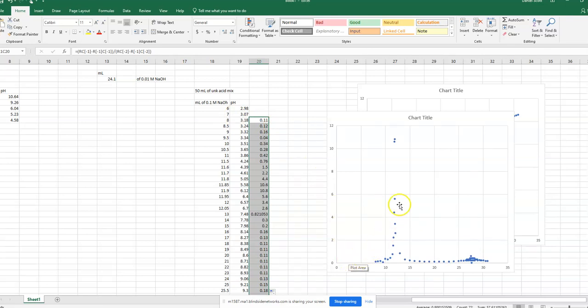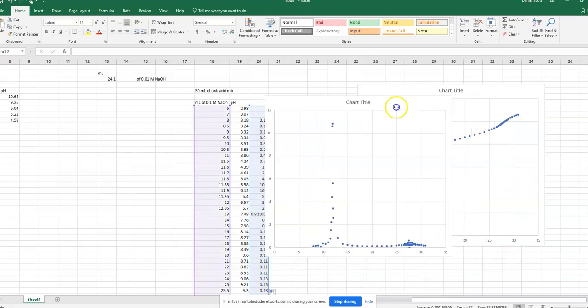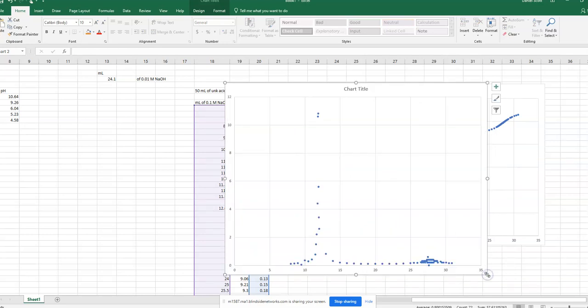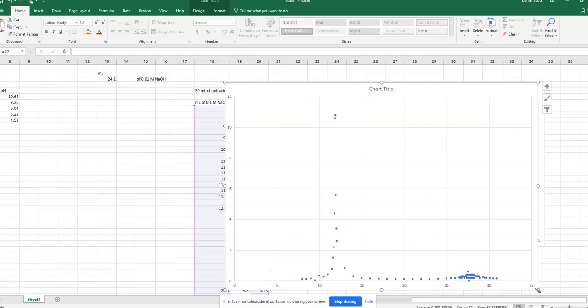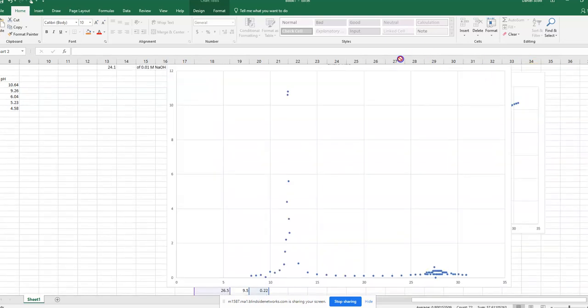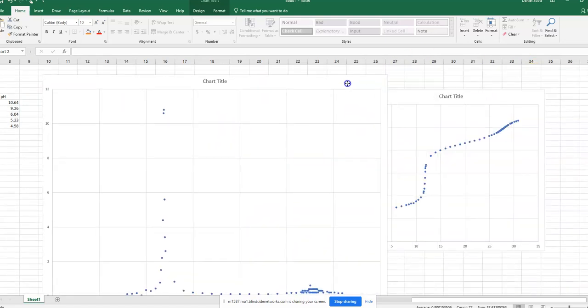So now I have a plot here that shows me the end points. Yeah, this is the end point right there. And then the other little one there, yeah, the other one's not as pronounced.